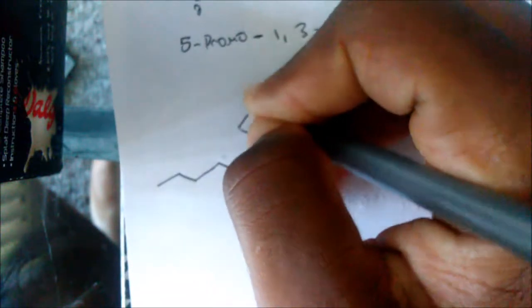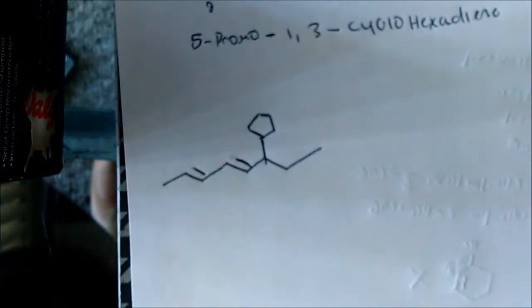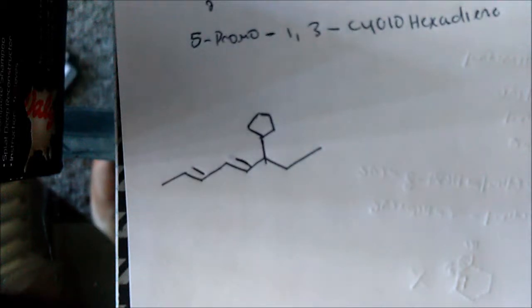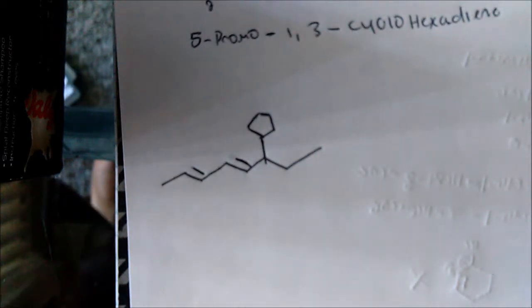And the last one I want to look at is this. How about this? So what if you're given a molecule like this and we were asked to name the molecule?